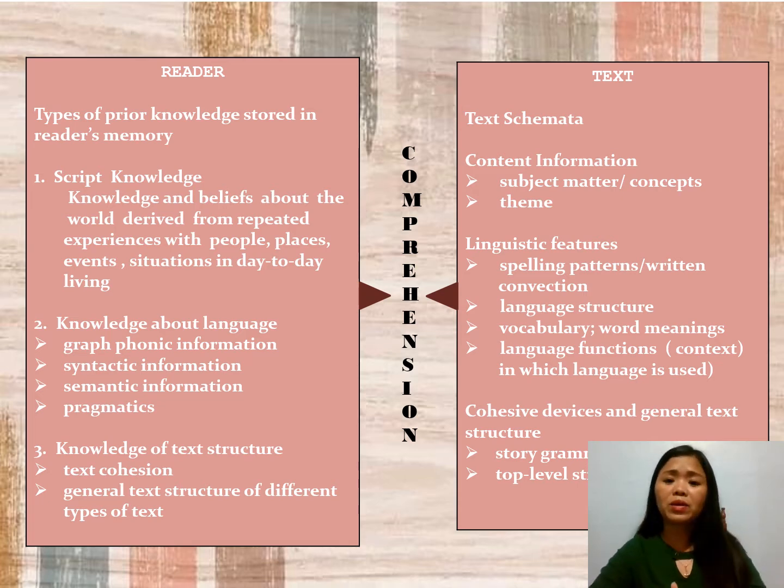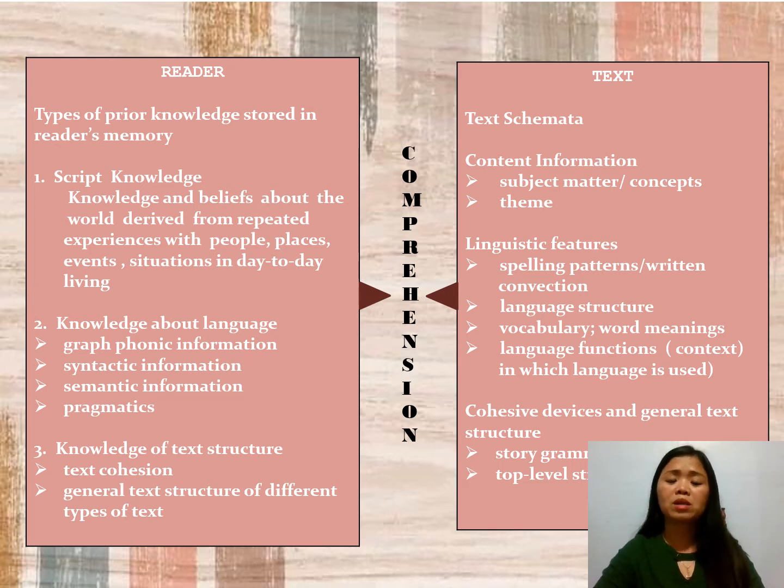So, under the reader, there are types of prior knowledge stored in the reader's memory. These are the following. First is the script knowledge, which is the knowledge and belief about the world derived from repeated experiences with people, places, events, situations in day-to-day living.